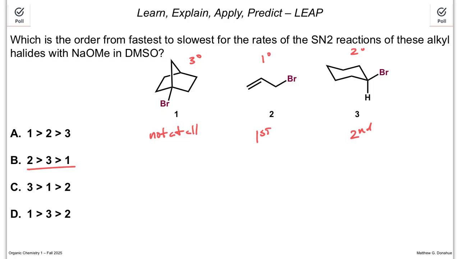So what's nice about this one, like why it doesn't react, this is a bicyclic compound, so there's a ring that's bridged. The bromine is tertiary.